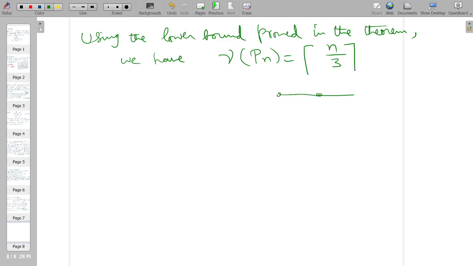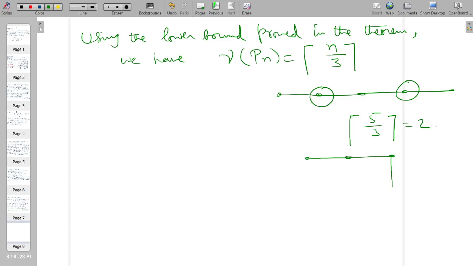If I take this smaller example here, I require these two. The ceiling of 5 by 3 would be 2. Suppose I take P6: this one is P5, this one is P6, and I require these two vertices. So for a path, the domination number is the ceiling of n by 3.